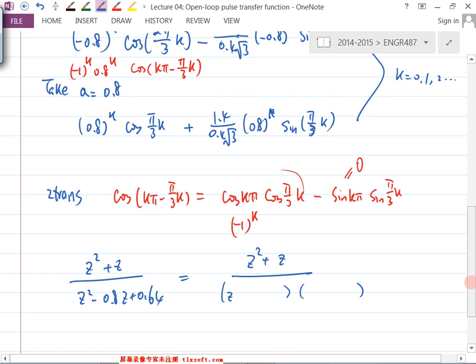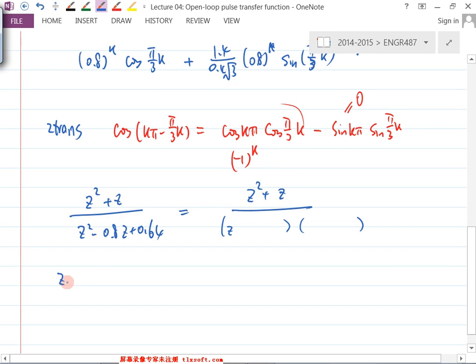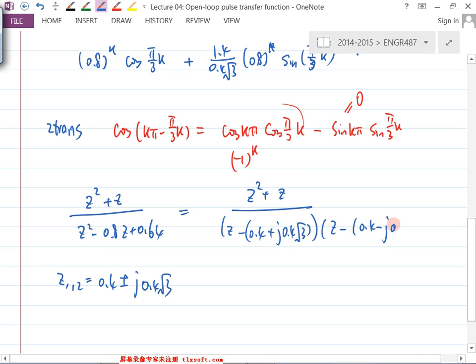In this particular case, you have two complex conjugate poles. You can verify that they turn out to be 0.4 plus minus j 0.4 root 3. Those are the two poles, so I can write these poles into the denominator here. Does that make sense?